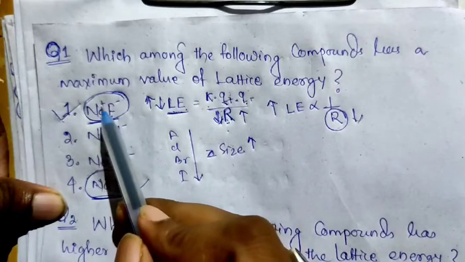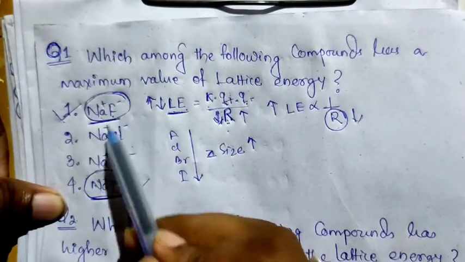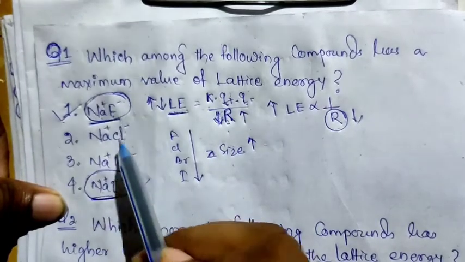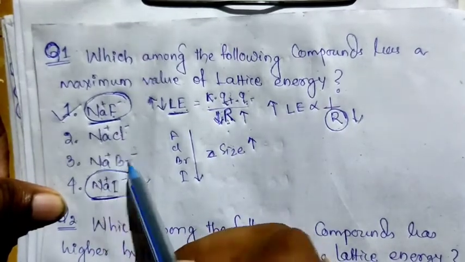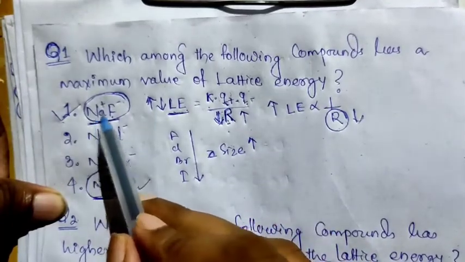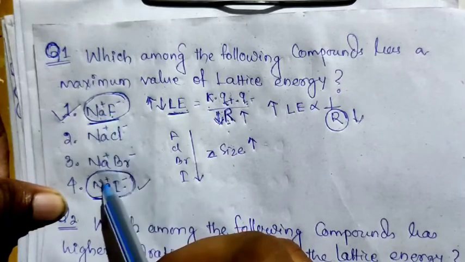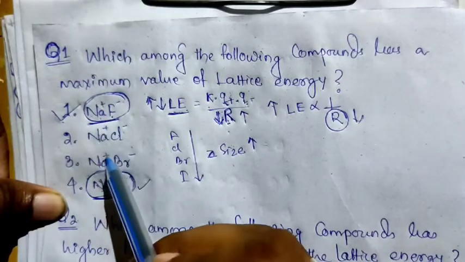and if we break them we get sodium plus and fluorine minus, sodium plus chlorine minus, sodium plus bromine minus and sodium plus iodine minus. In each, the cation and anion possess similar charge.